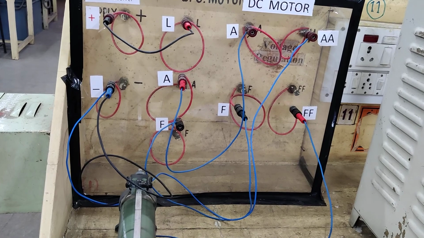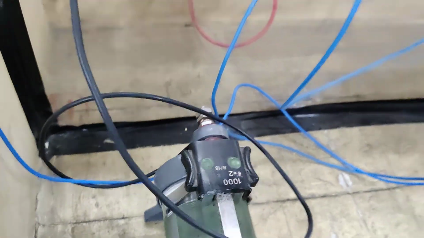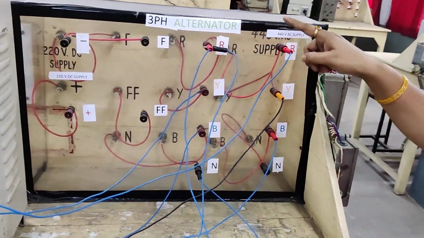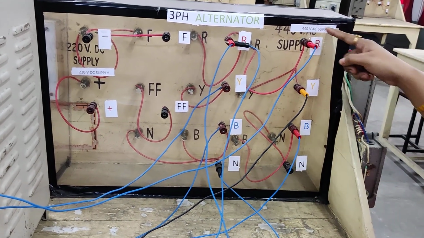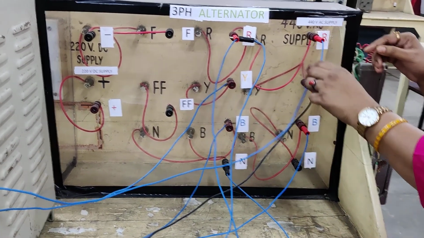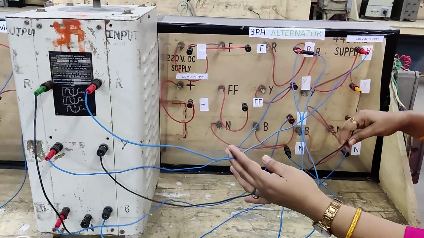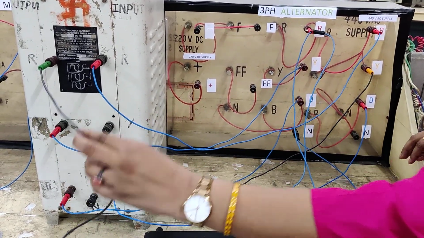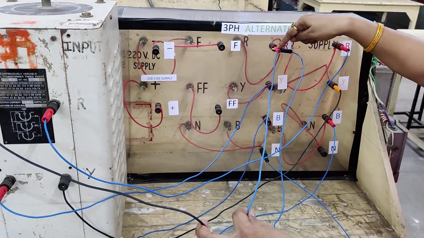In the field part we have connected a rheostat and its position is minimum, as we have discussed earlier also. And this is the alternator armature panel R, Y, B and N, and this is the 3-phase AC supply of balanced voltages. This 3-phase balanced supply is given to the dimmerstat, and through the dimmerstat and the meters we connect it to the armature terminals.